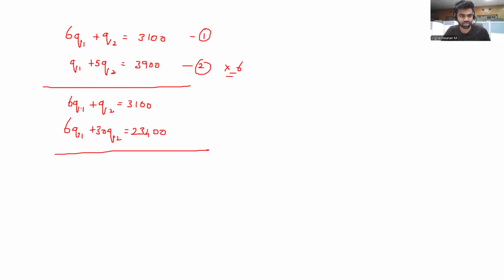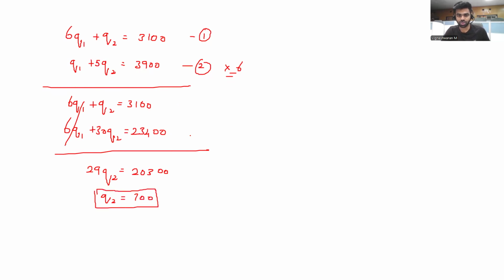Okay, so now subtract it. So this will get cancelled. So here I will get 29 Q2 is equal to 20300. So if we solve, Q2 will be equal to 700.